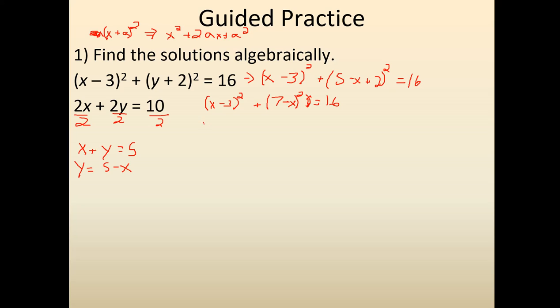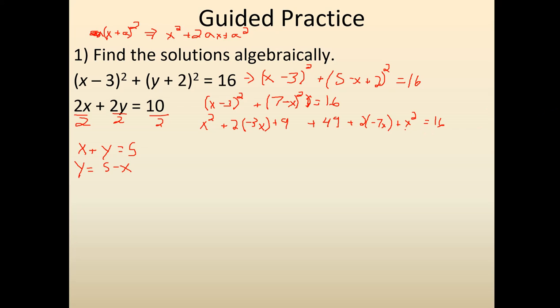So here it's going to be x squared plus 2 times these two being multiplied, so negative 3x. And then I'm going to take negative 3 squared, which is a positive 9. And I'm going to do the same thing here. 7 squared is 49. Add 2 times 7 times negative x, so negative 7x, plus x squared equals 16.